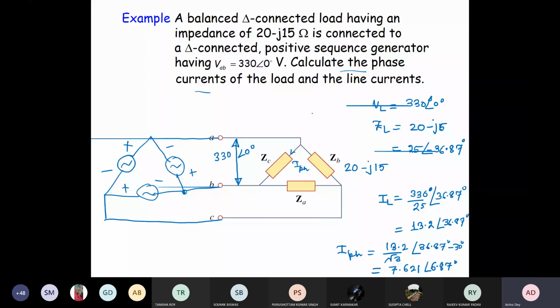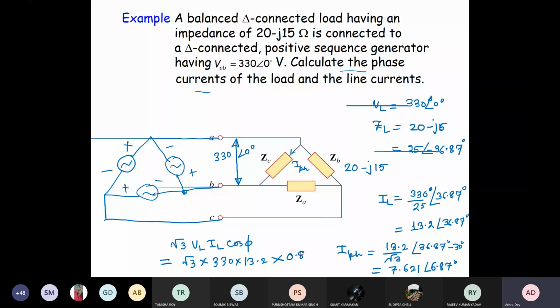So what will be the active power consumption? It is root 3 into VL into IL into cos phi. What is your cos phi? This angle. So you can put root 3 into VL, which is 330, IL you found out to be 13.2, and cos phi is cos of 36.87, which is 0.8.